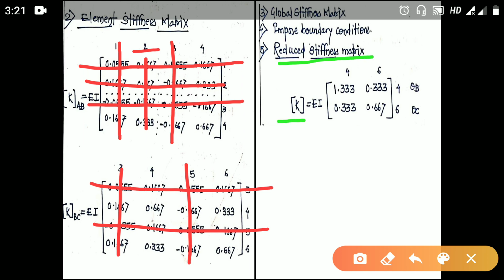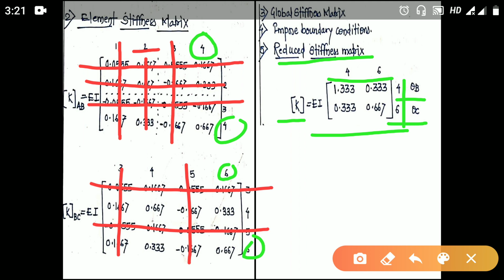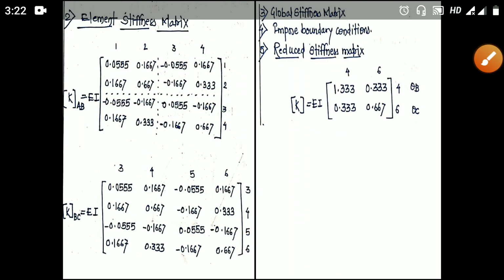So the reduced stiffness matrix K is equal to, now the unknowns are only 4 and 6. So write down here 4 and 6. That is, 4 is theta B and 6 is theta C. Related to that, take the 4,4 entry from both the stiffness matrices and add those numbers algebraically, so that you will have 0.667 plus 0.667 equal to 1.333.